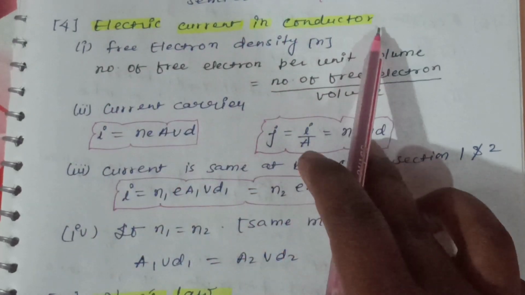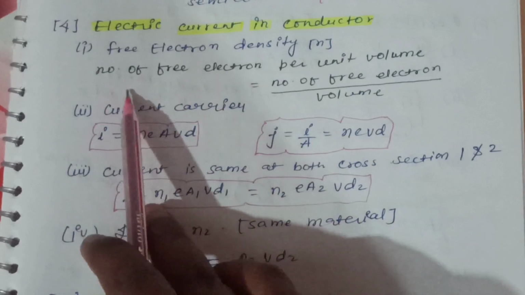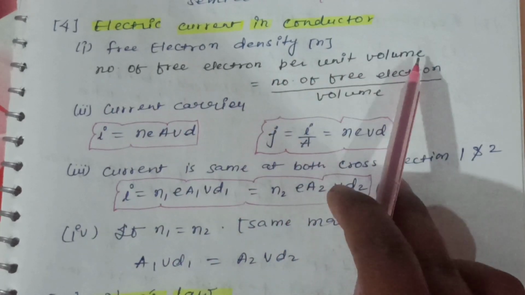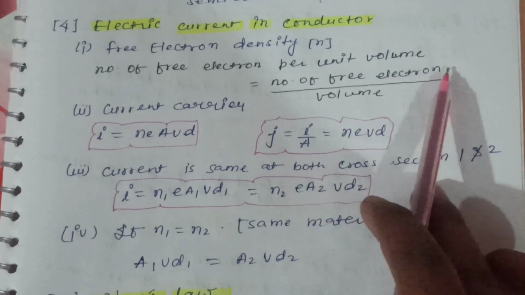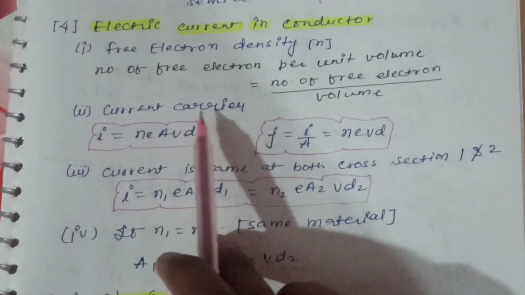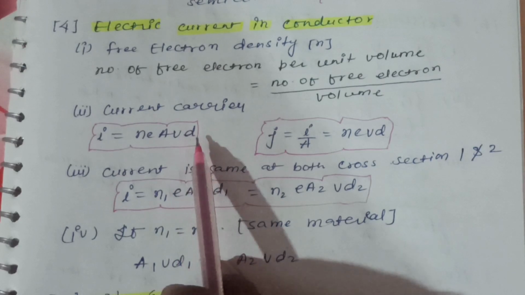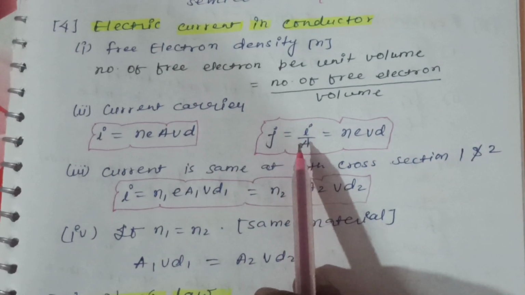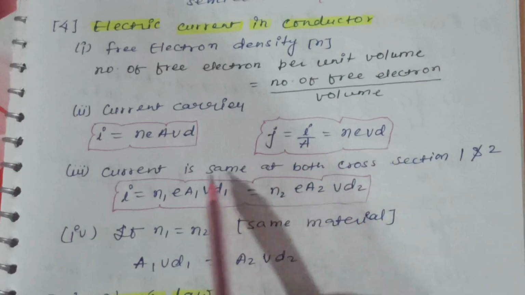Electric current in a conductor: free electron density n, the number of free electrons per unit volume, is equal to the number of free electrons upon volume. Current I is equal to n e A vd. J is equal to I upon A, which is n e vd.